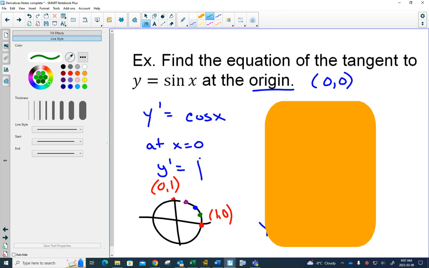If you start with 0 on your y-coordinate, your next y-coordinate has a 1, 1 over 2. Your next y-coordinate has a 2, root 2 over 2. And your last y-coordinate has a 3, root 3 over 2. It works backwards. If you go from this 0 to this one, 0, 1, 2, 3.